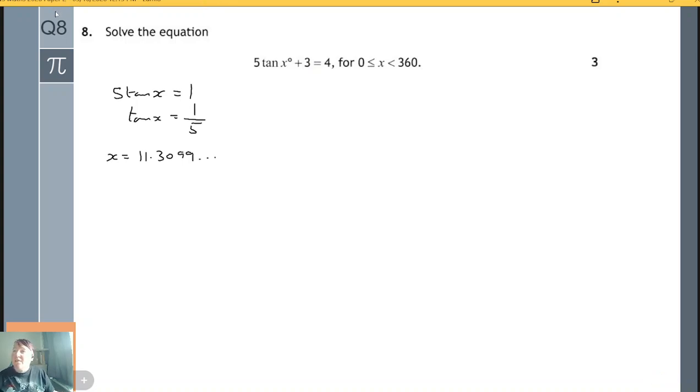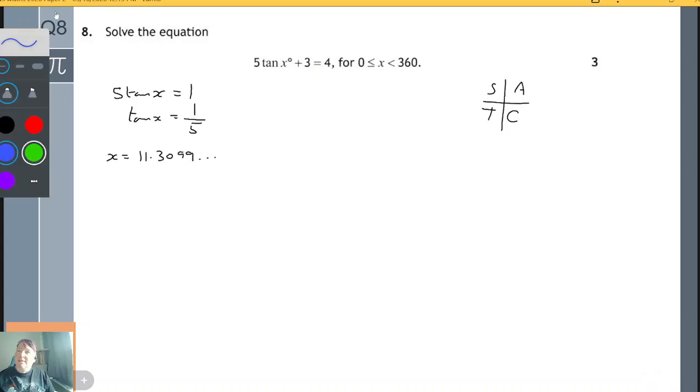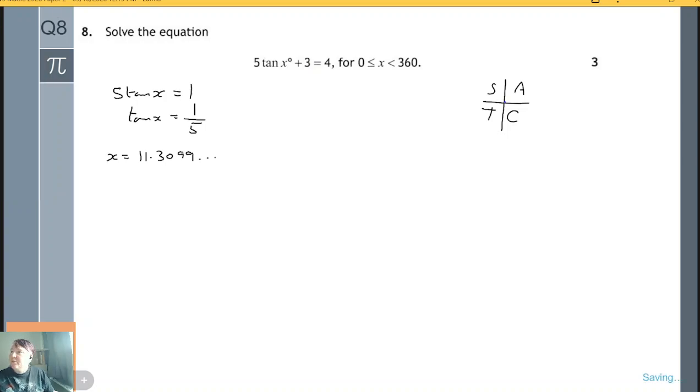And we want the other value of tan, so we can use CAST. If you remember with CAST, with tan, we know that we're in the All quadrant between 0 and 90. So we're about there. And with tan, it goes straight through, so we're going to be 180 plus to get there.